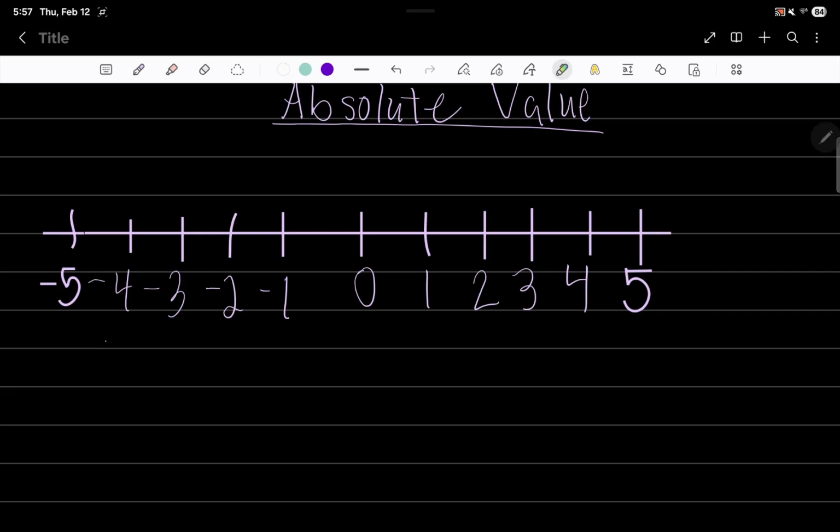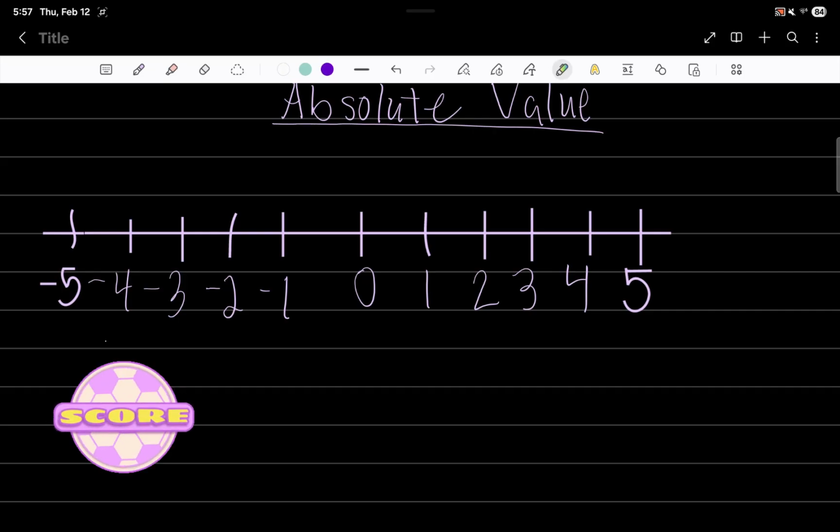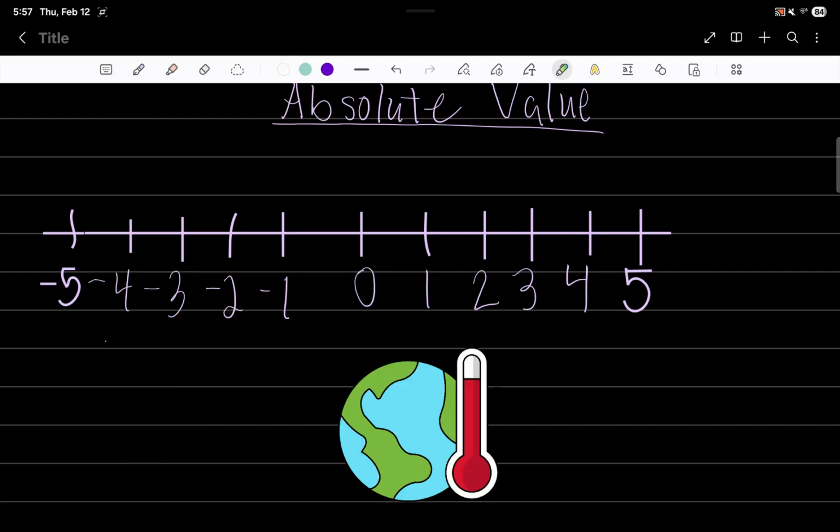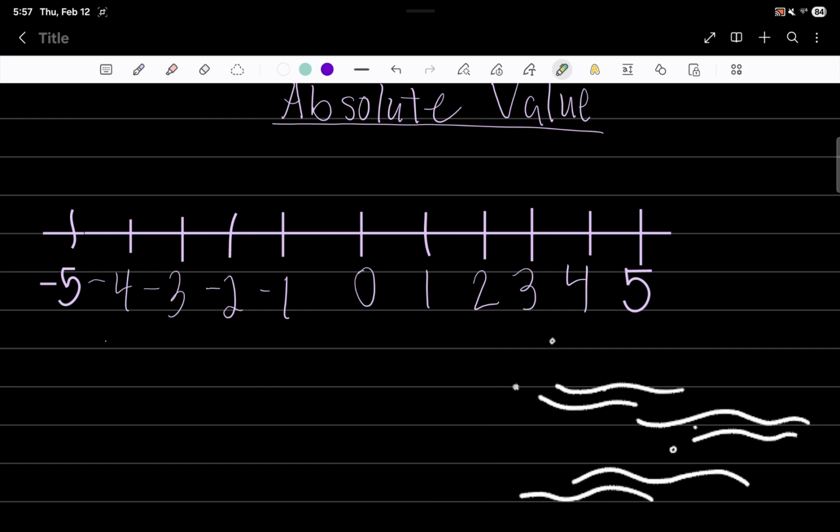It's used in real life whenever we care about size or distance rather than directions. For an example, like scores in games like football or soccer, temperature changes like the weather, and elevation differences.